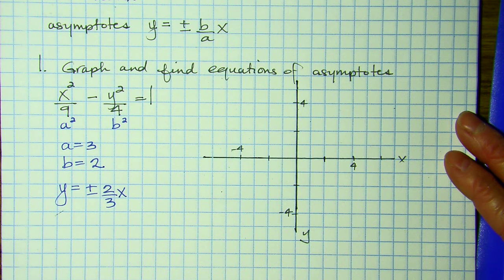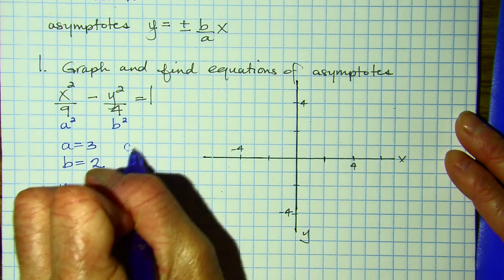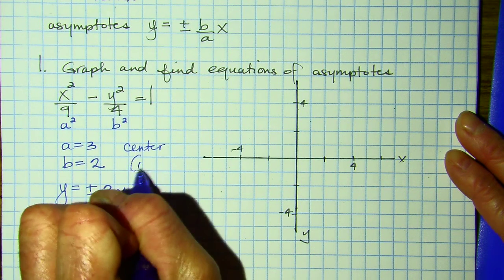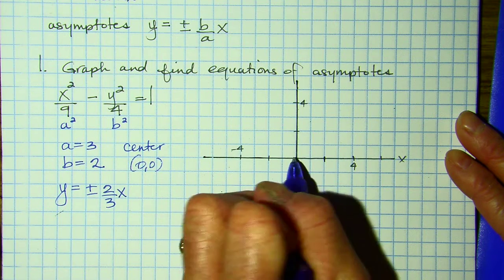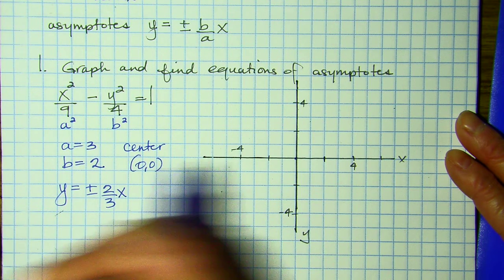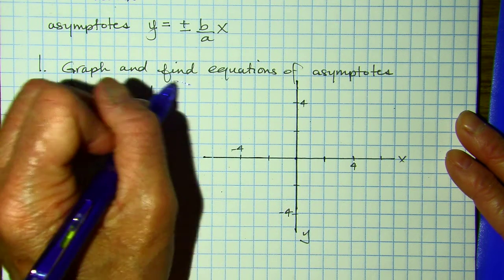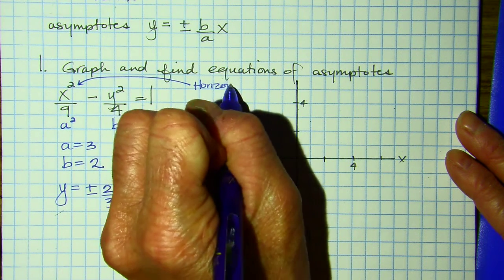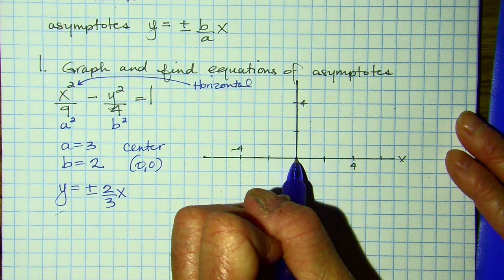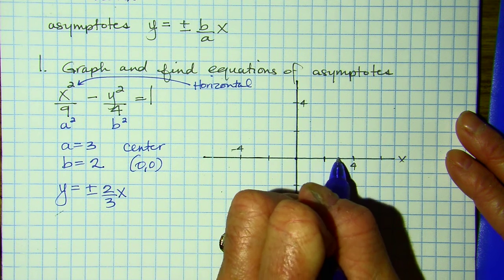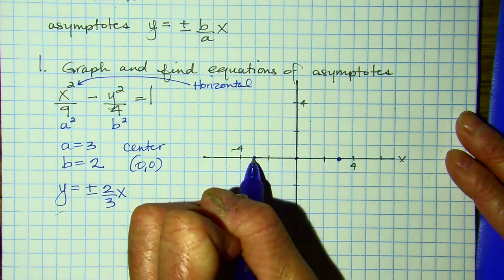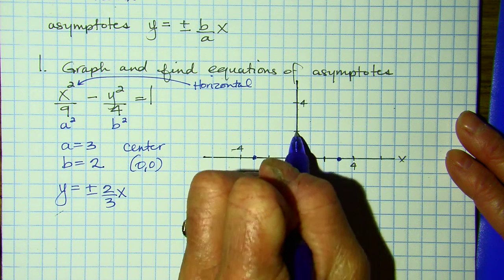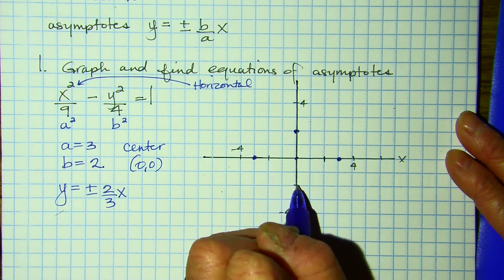Starting at the center, remember our center is at 0, 0 because there's no h or k. Because x squared is first, this is horizontal. So starting from the center, for a, I'm going to go 3 to the right, 3 to the left. For b, I'm going to go up 2 and down 2.